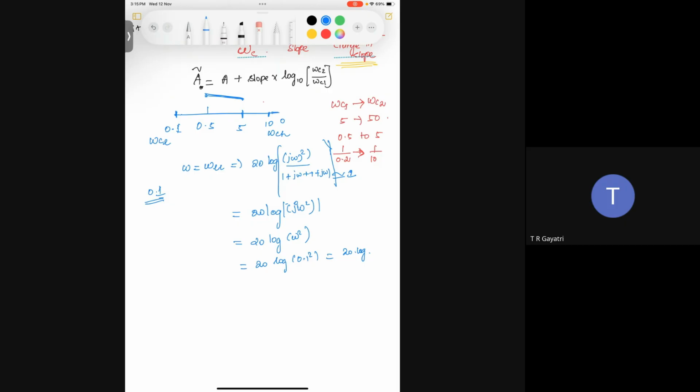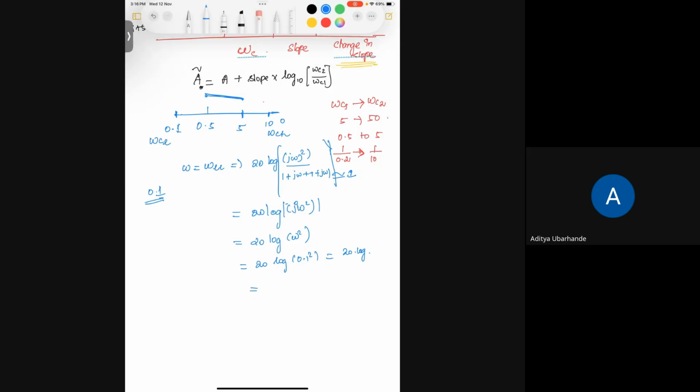Let me calculate it. 20 into log of 0.01 is minus 40. Okay, the first thing I found is minus 40 decibels.